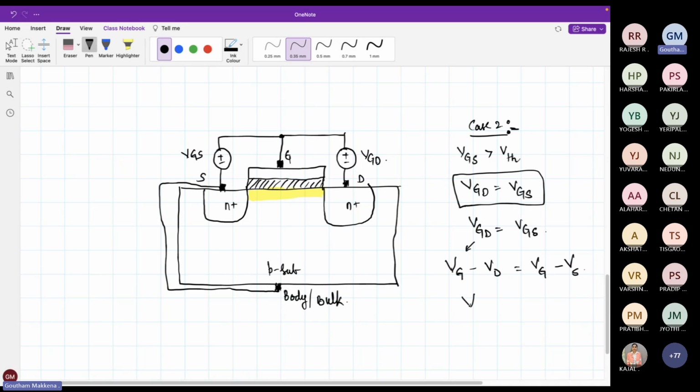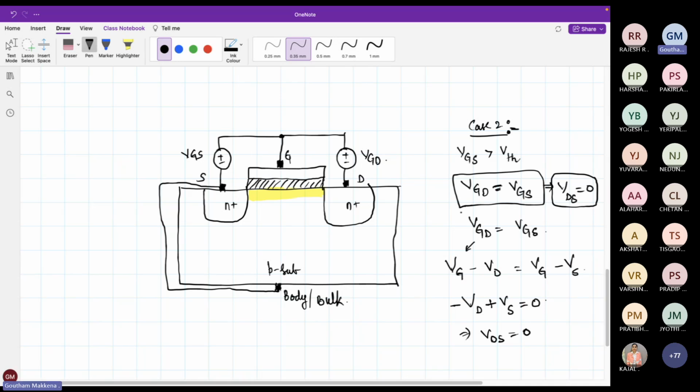If I rearrange things, what do I have? 0 minus VD plus VS is equal to 0, or VDS is equal to 0. So is there any potential difference between the drain and source terminal? When I say VGD is equal to VGS, it results in the voltage between drain and source being equal to 0.